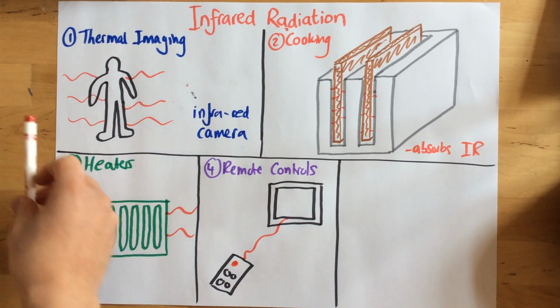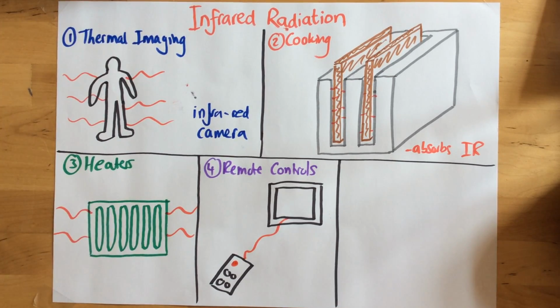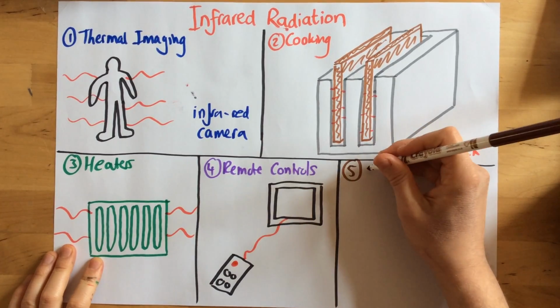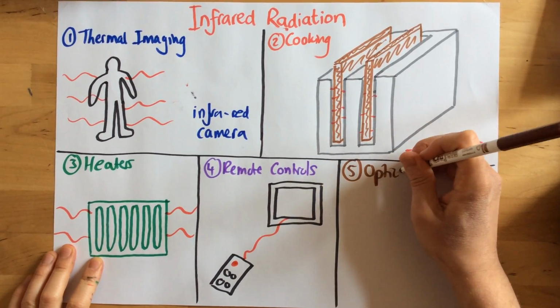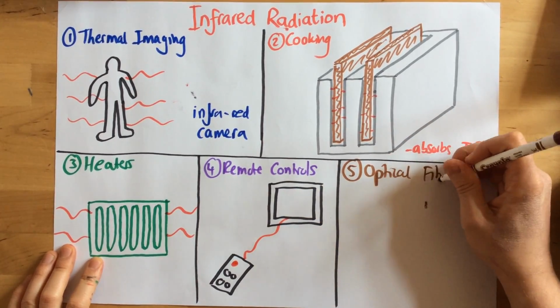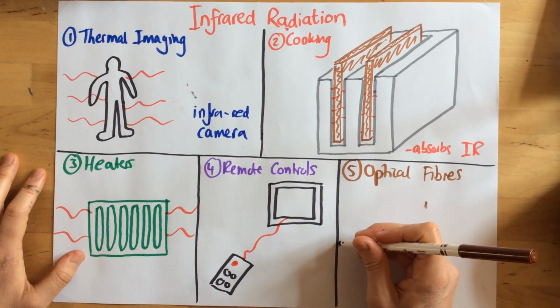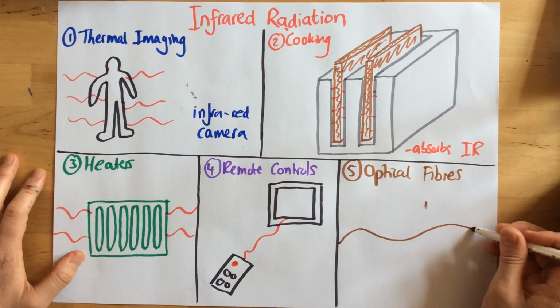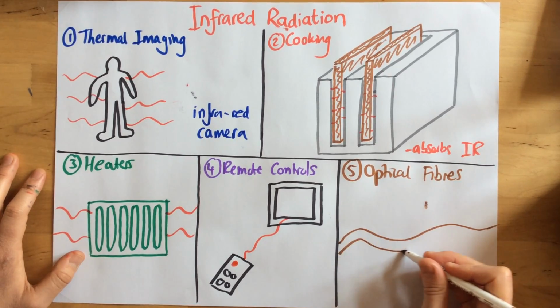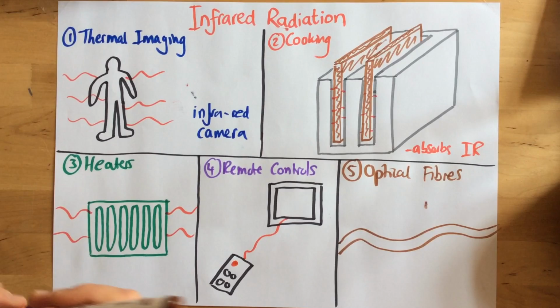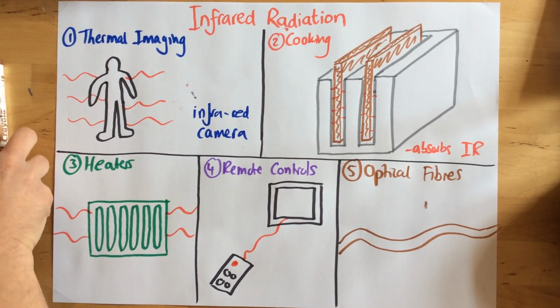Now, the final use we need to know about is optical fibers. Optical fibers are thin glass or plastic fibers that carry data, for example, for telephones and computers.